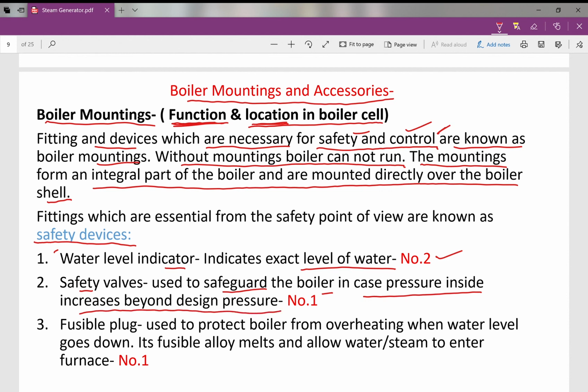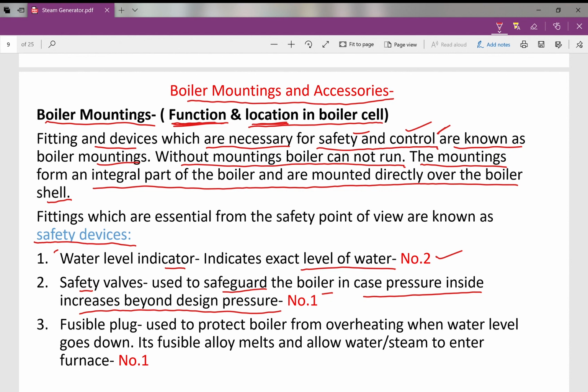Like, at the time of cooking, you might have watched that in a pressure cooker we get a whistling sound, which is steam coming out from the pressure cooker. The pressure cooker is designed for a particular pressure value.